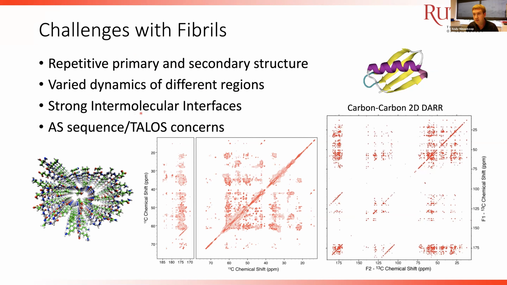The strong intermolecular interface I was pointing out that I detected in GB1, the reason I was doing those experiments is because I wanted to do the same thing in synuclein. And then finally, TALOS, the program which we use to predict dihedral backbone angles based on chemical shifts, is an empirical database. So basically it takes assigned chemical shifts and assigned structures and tries to correlate them one-to-one so that you can determine angles based on chemical shifts.